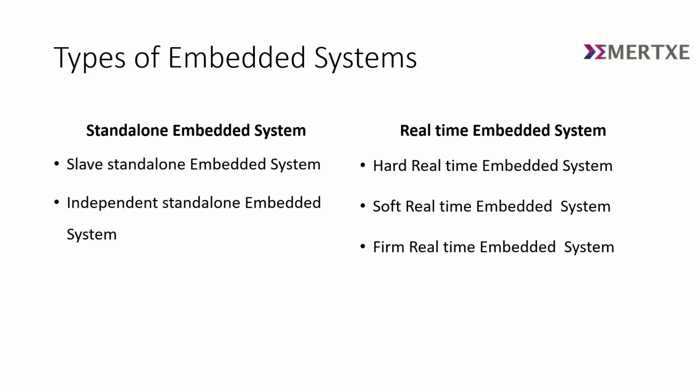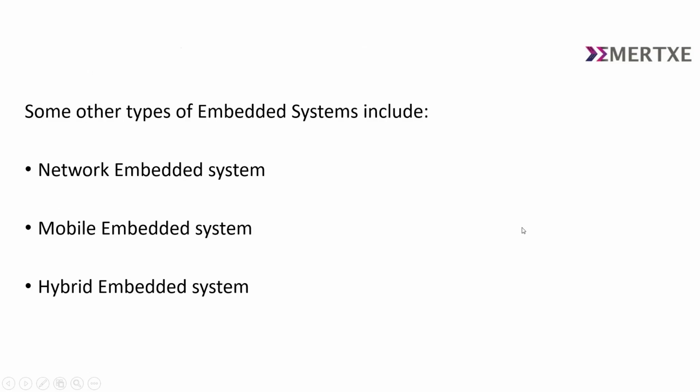In independent standalone embedded system, it has an intelligent part that will think on its own to perform a specific task without human interference. And next we see real-time embedded system. In real-time embedded system, we have hard real-time, soft real-time, and firm real-time embedded system.